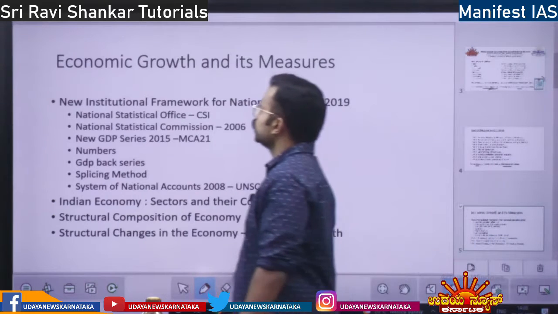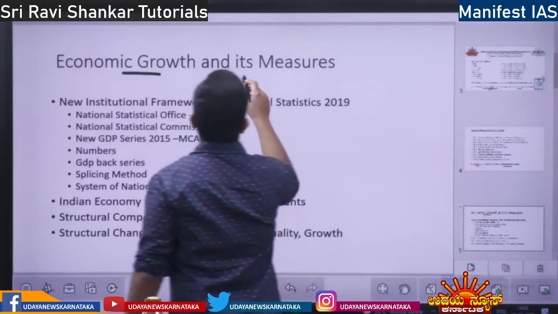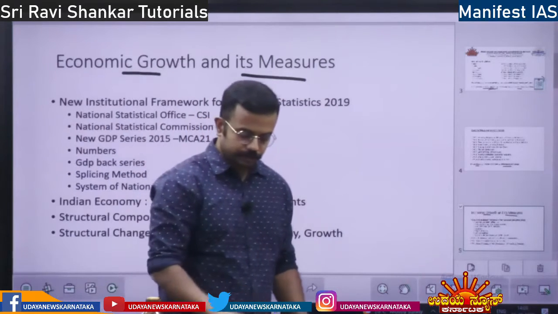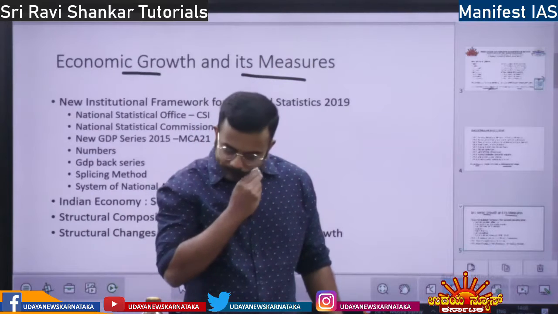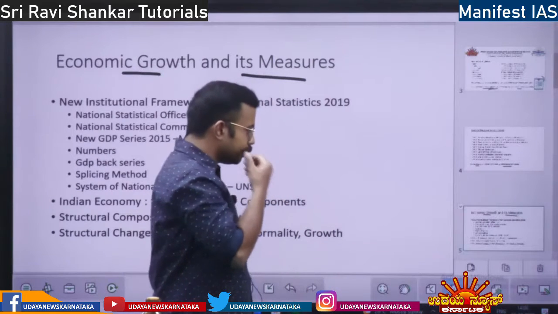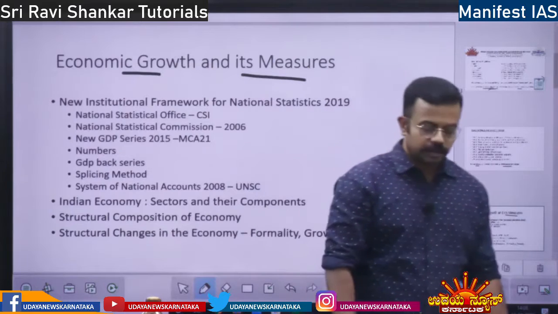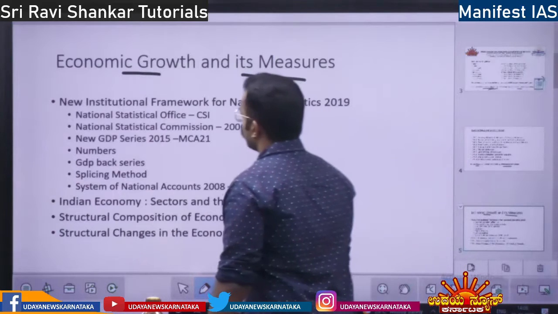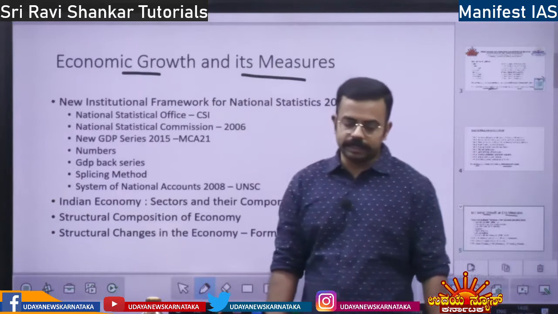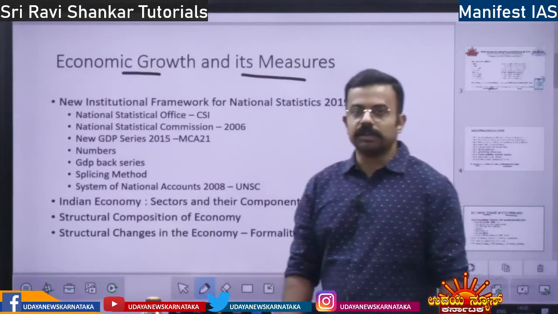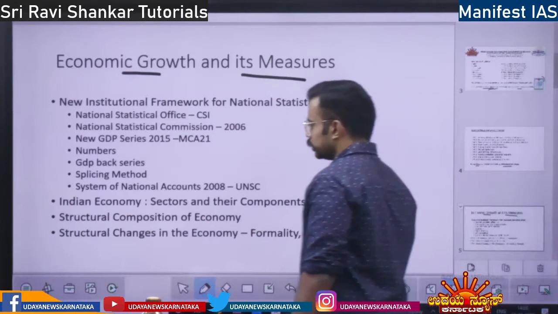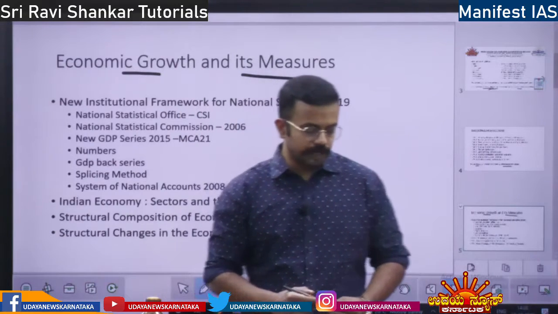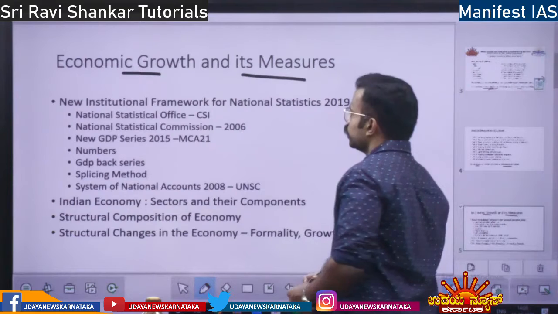So yesterday we were talking about economic growth and its measures, how economic growth is measured. We saw various things: GDP, GNP, NNP, NDP, GDP deflator, who measures it, on what criteria, CSO, annual, monthly, quarterly, advanced estimate, quick estimate, provisional estimate and also the final estimate.